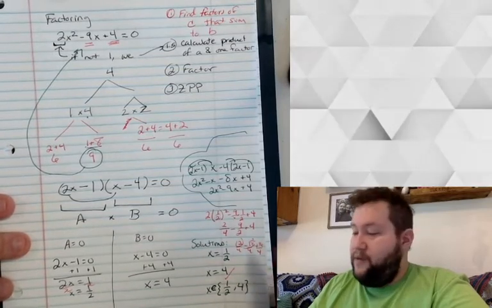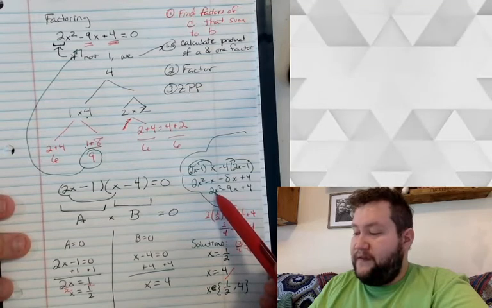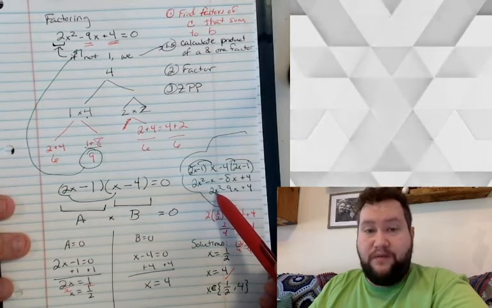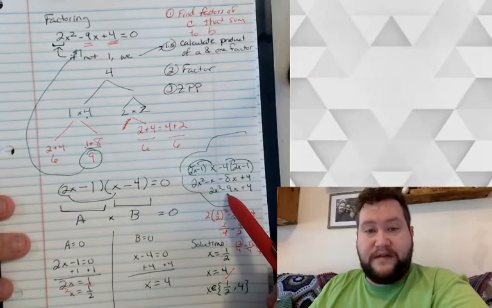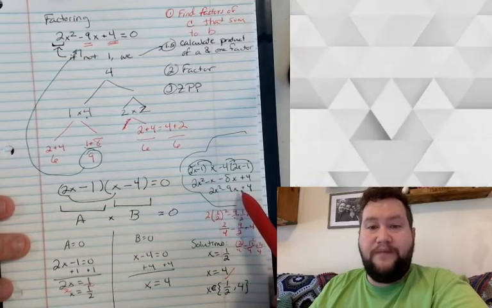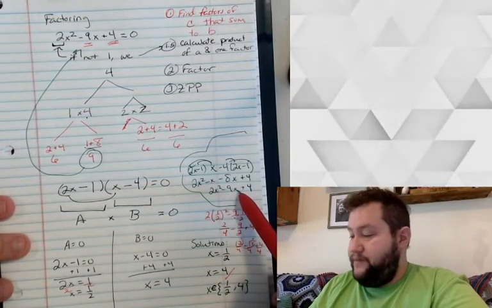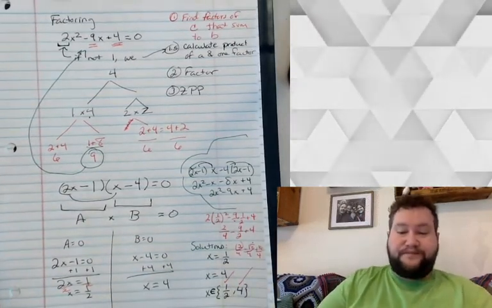And then we'll check 4. We have, and I won't write the work for this, 2 times 16, which is 32. 9 times 4 is 36, so 32 minus 36 is negative 4, plus 4 is equal to 0. And so that one is also correct.